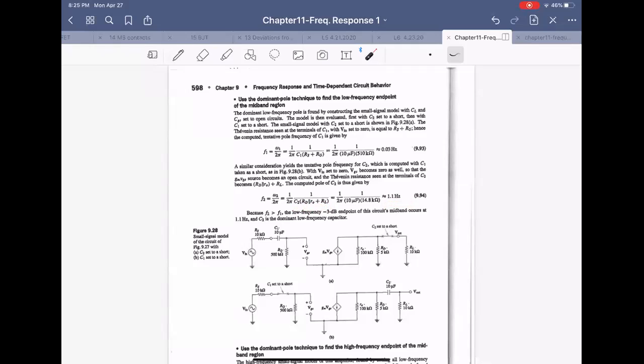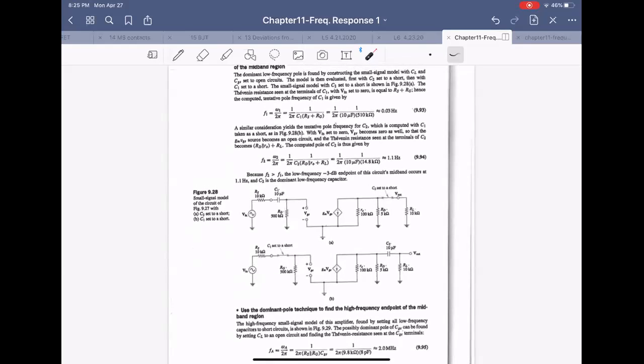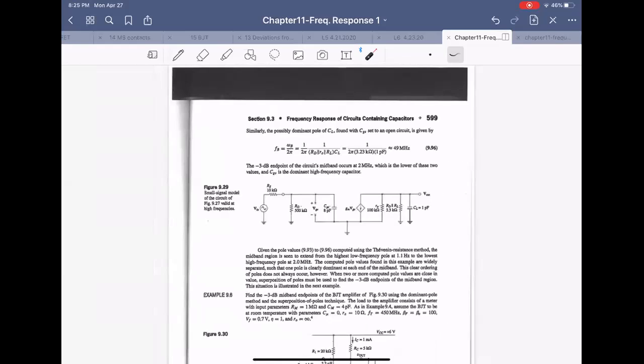And in the high frequency case, we have to use the capacitors in the device. There's some capacitance between gate and source, and drain, like this. So we have to consider that. And gate source is given here as 8 picofarad. Okay. And this is a pole, right? At high frequency, make the coupling capacitors short like that.